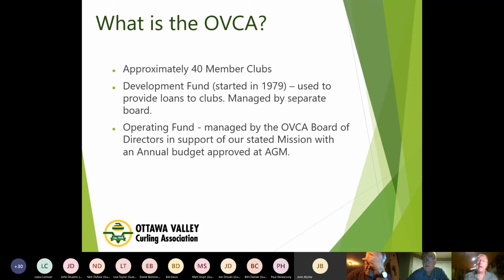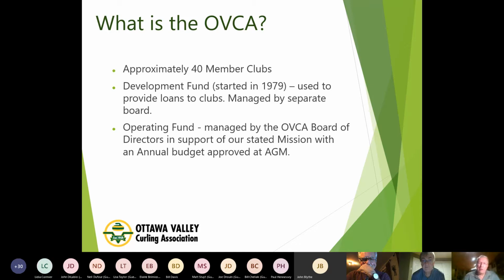We just started applying it again. So we have approximately 40 member clubs, because there are a number of clubs that are still on the fence whether or not they want or can afford to be a member of their provincial curling organization, and that decision will have an impact on their ability to join the OVCA. So our hope is that all clubs join their provincial bodies and be members of the OVCA, but it's not always our decision.